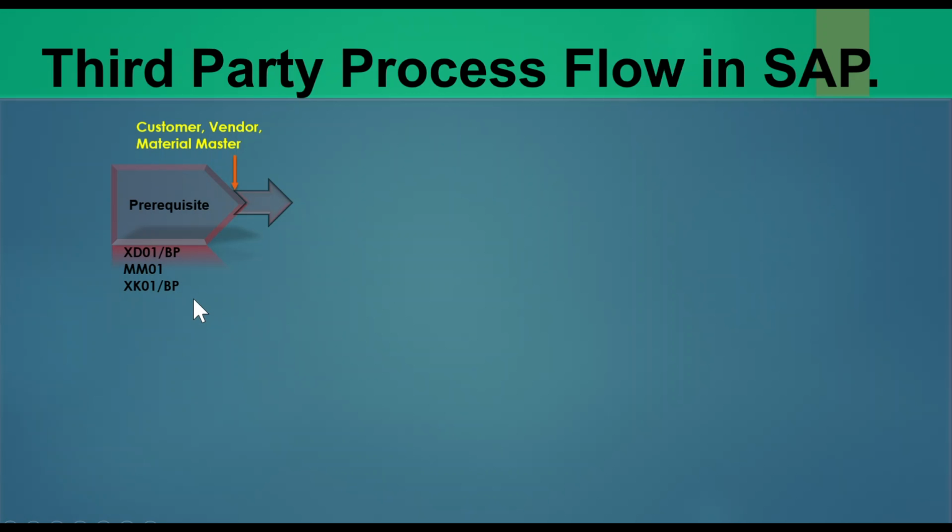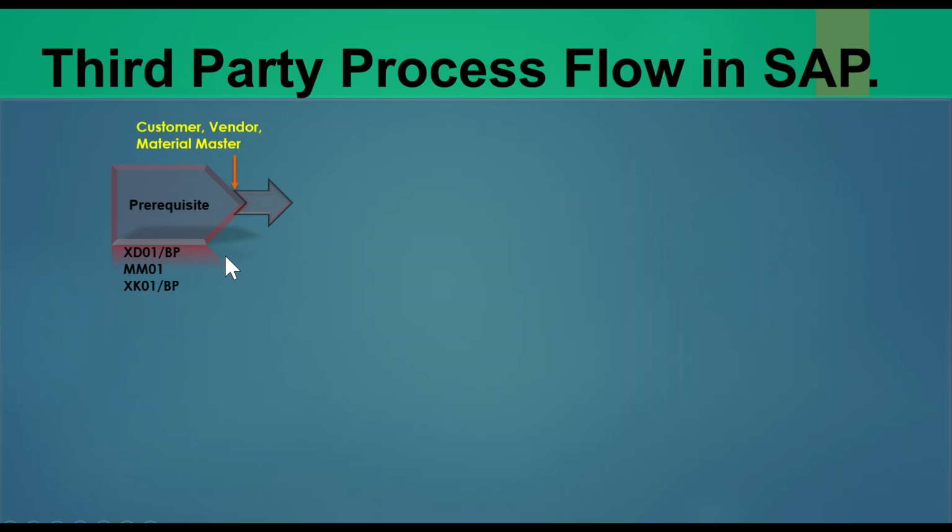And I will also make a video for customer master as well, but it's not that hard. You can easily run XD01 in case you are using ECC, or in case you are using S/4HANA, then using BP you can create that. But for vendor master and material master, you can see the previous video and you can create that.